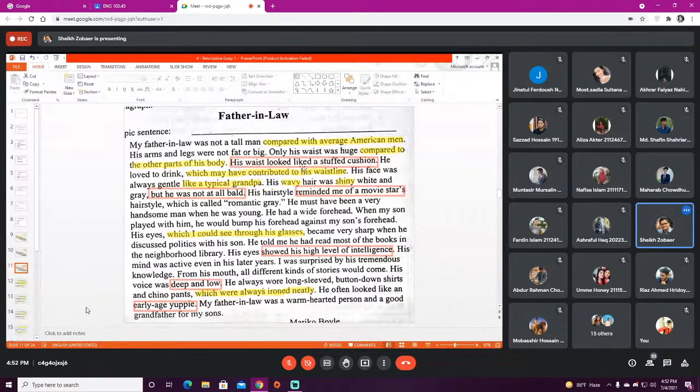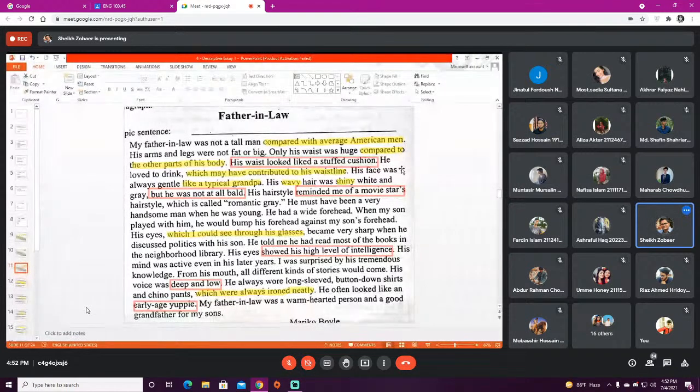His waist looked like a stuffed cushion. What is the basic meaning here? The meaning is that the father-in-law of the writer was an obese person, probably an overweight guy, or to use an even more mundane word, if you really want to be very cut and dry, you could say he was a fat guy.